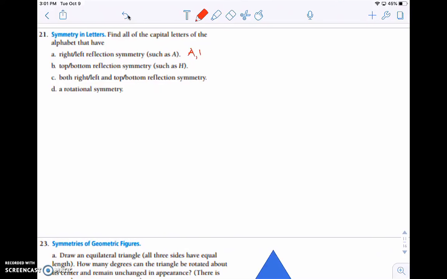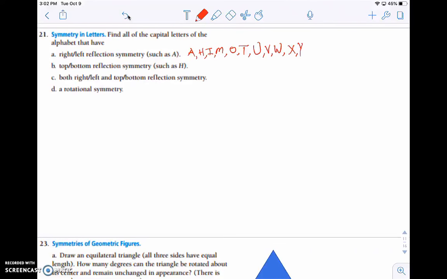A has it, H has got it, I has got it, M, O, T, and then several at the end, capital U, V, W, X, and Y. So you have several that have this right to left reflection symmetry.